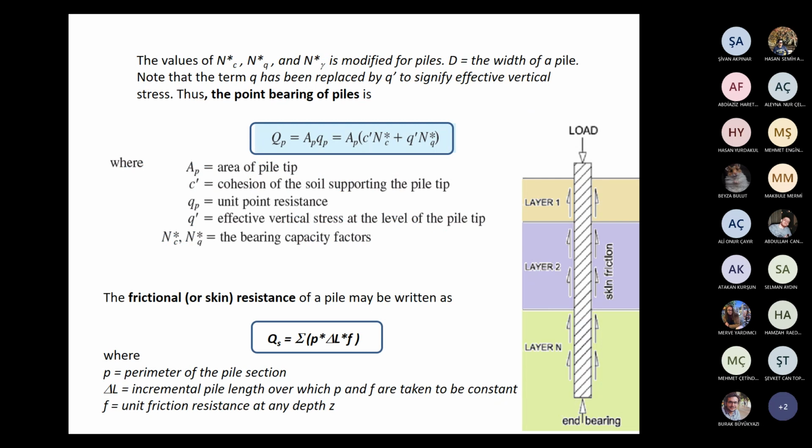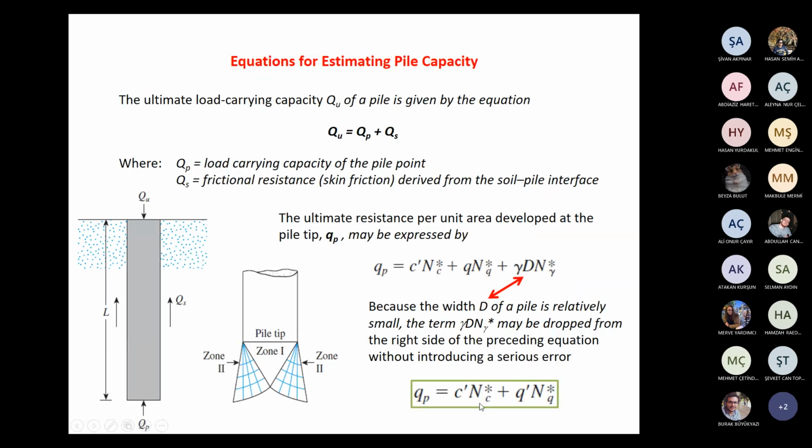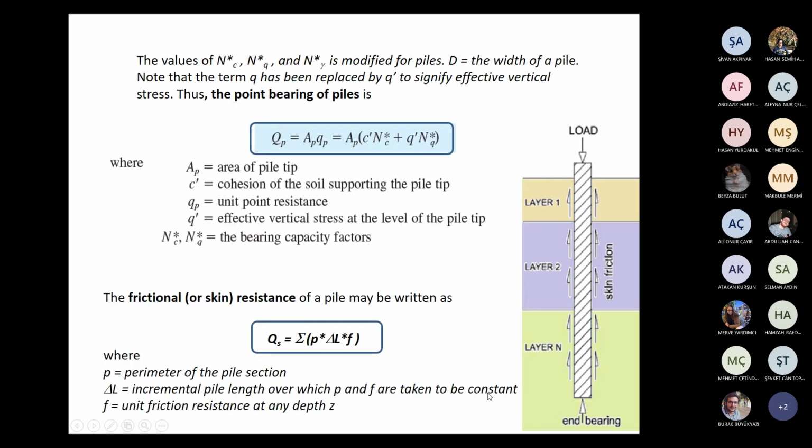These coefficients, N sub c and N sub q, are modified factors for piles. Note that the term q here has been replaced by q prime.